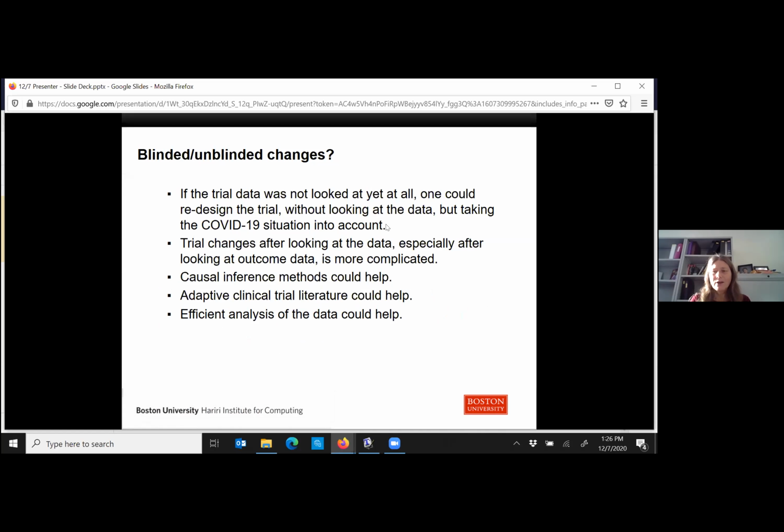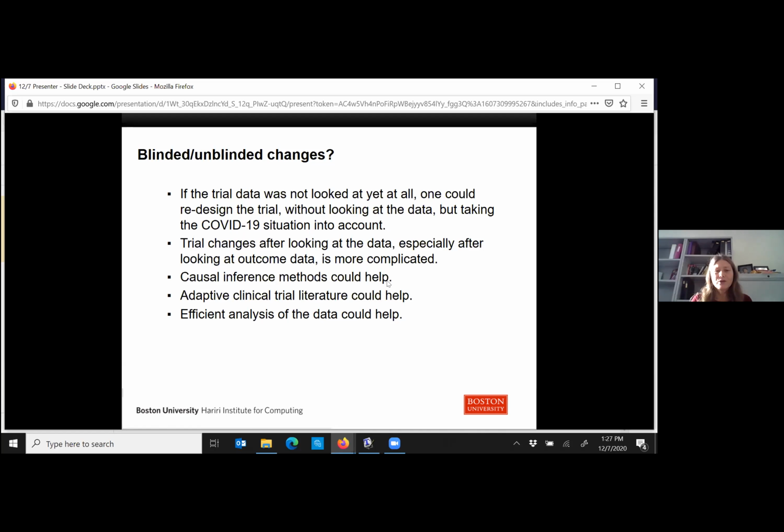If there are any regulatory agencies involved, of course, this has to be done in consultation with those. What is more difficult is to change a trial after looking at the data, and especially after looking at the outcome data. Those situations are more complicated, although there are some solutions available.